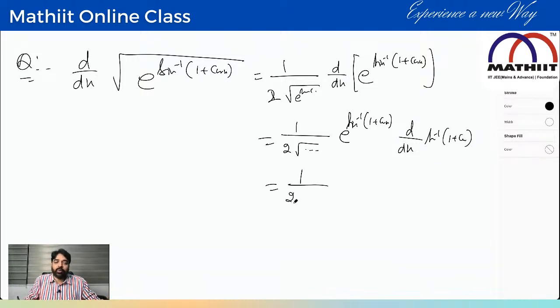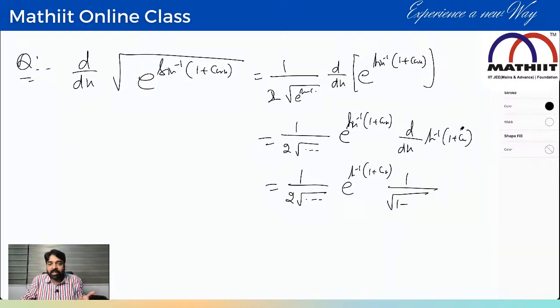Sine inverse of something differentiation is 1 by root of 1 minus something square, meaning 1 plus cos x whole square. Are you able to understand?